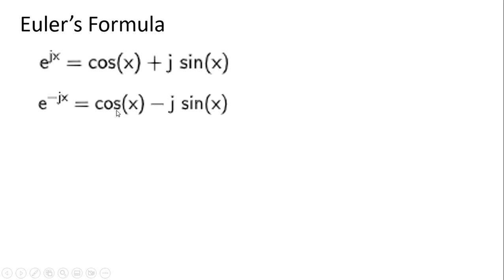This is the reason that we have a preference in the future. If we are talking about real world signals in terms of the cosine function, it's because in Euler's formula the cosine comes first in both cases.